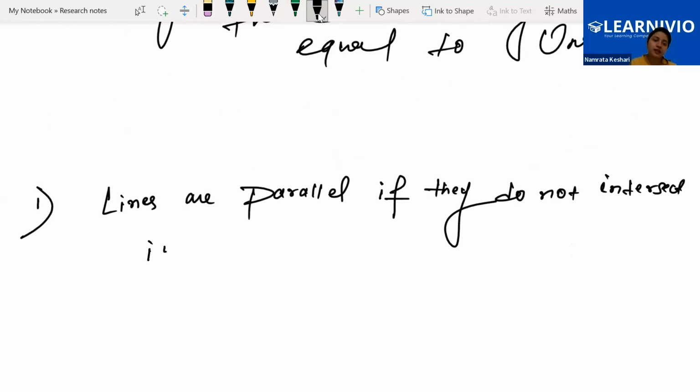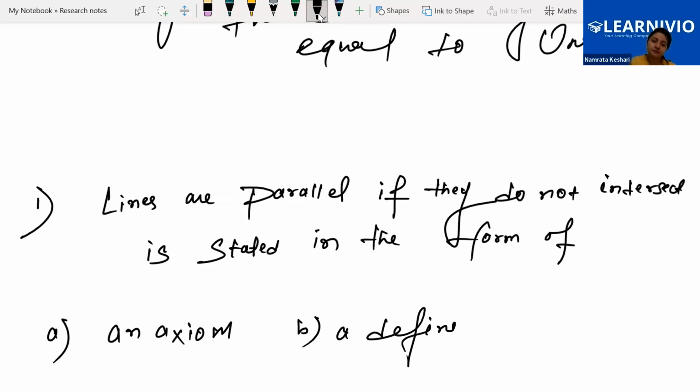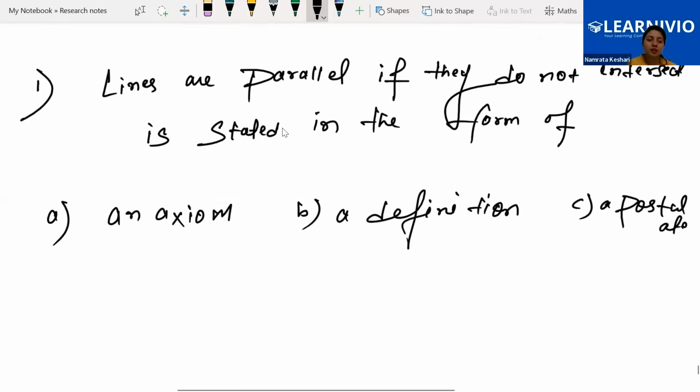Is stated in the form of: option A, an axiom; option B, a definition; option C, a postulate, which we have still not learned; option D, a proof.